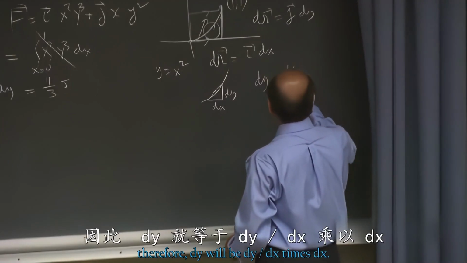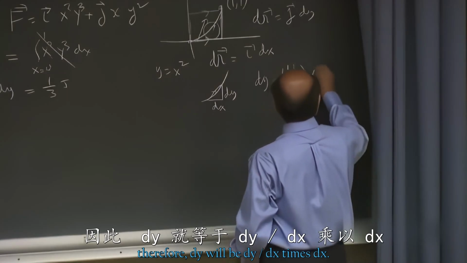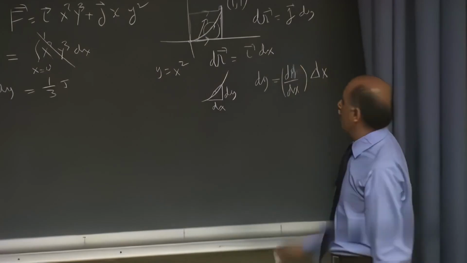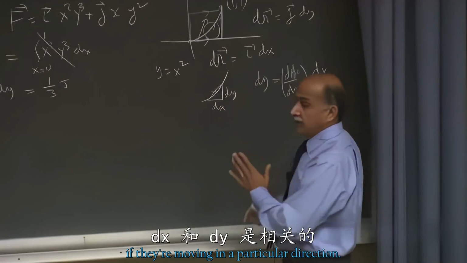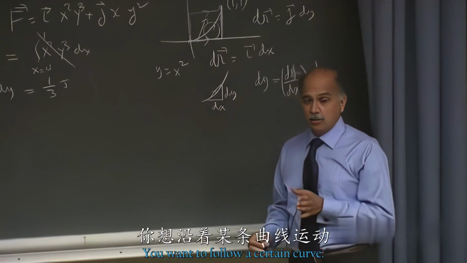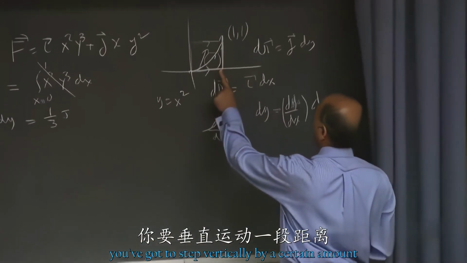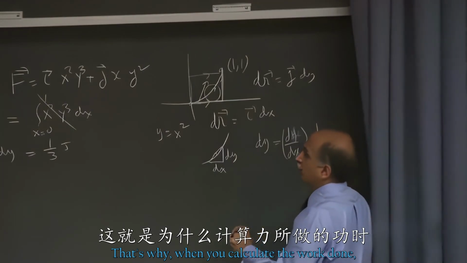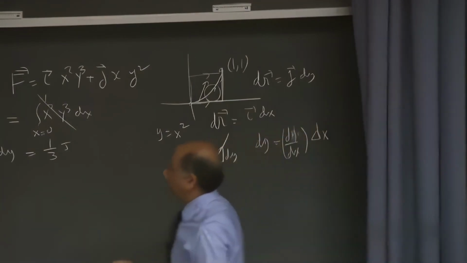Therefore, dy will be dy divided by dx times dx. In other words, dx and dy are not independent if you're moving in a particular direction. I hope you understand that. You want to follow a certain curve. If you step to the right by some amount, you got to step vertically by a certain amount, so you're moving on that curve. That's why when you calculate the work done, dx and dy are not independent.